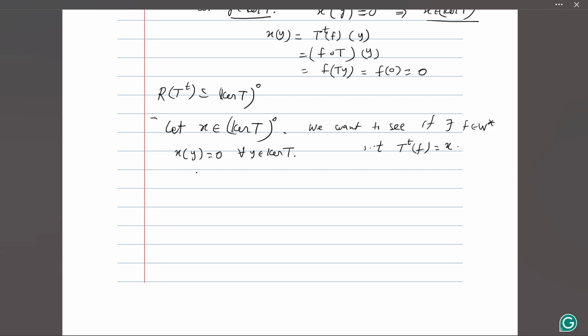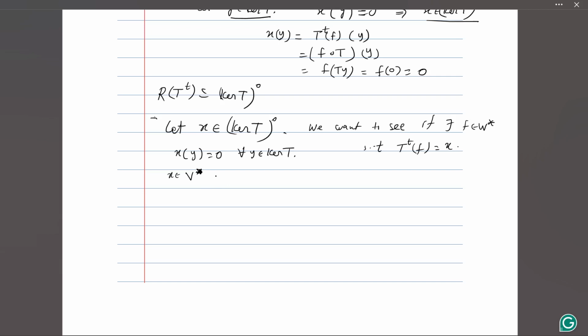X is some linear functional on V, right? So it is a linear functional.